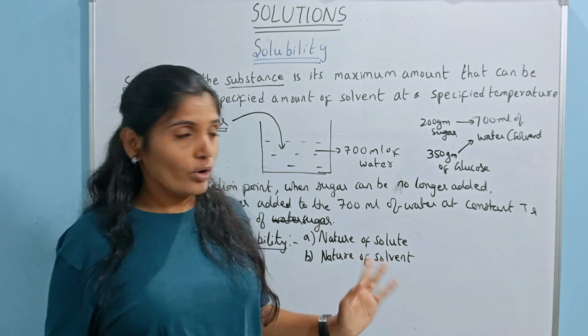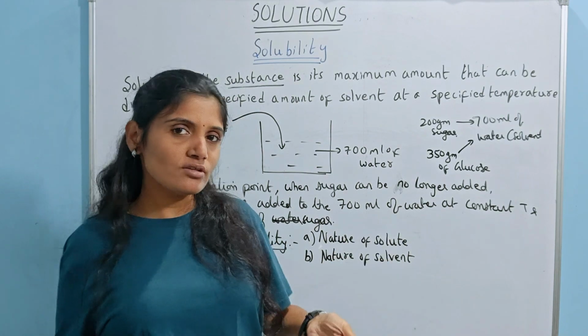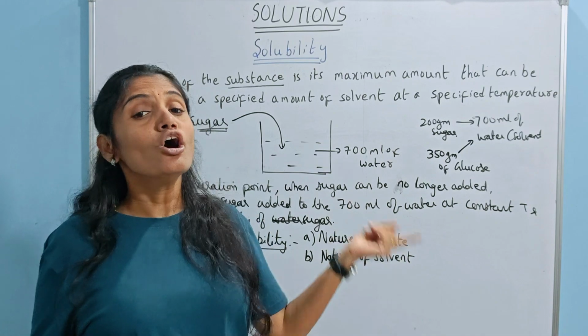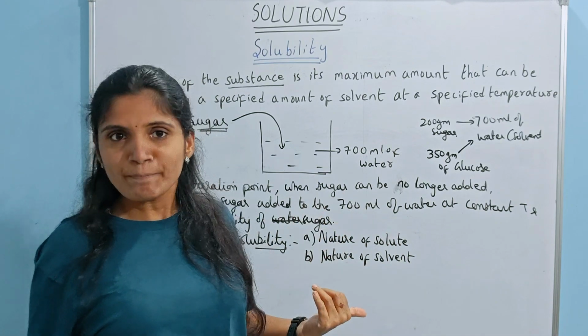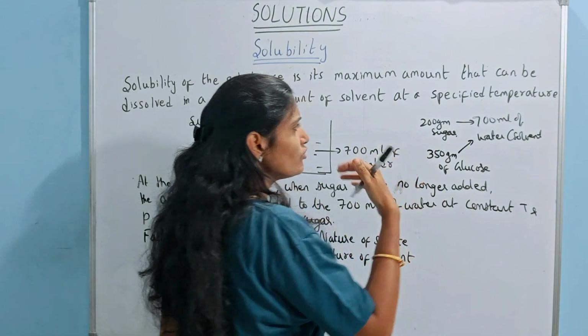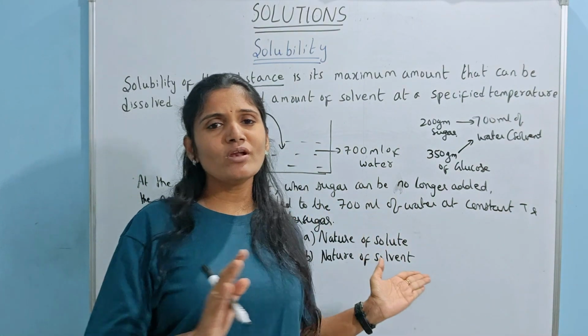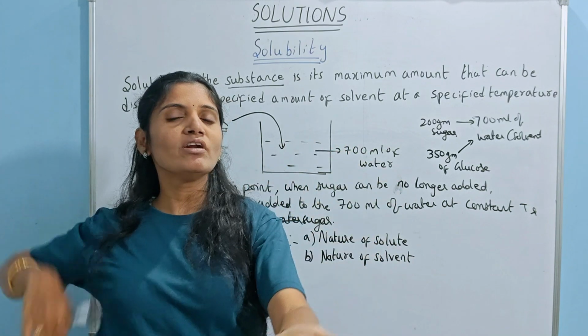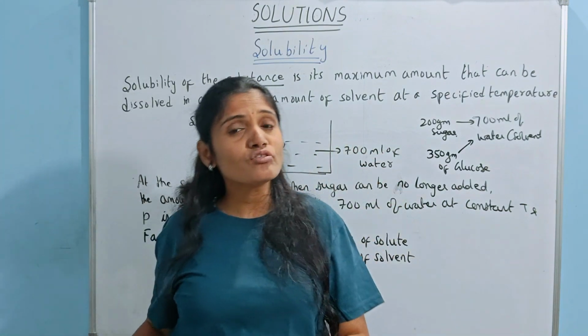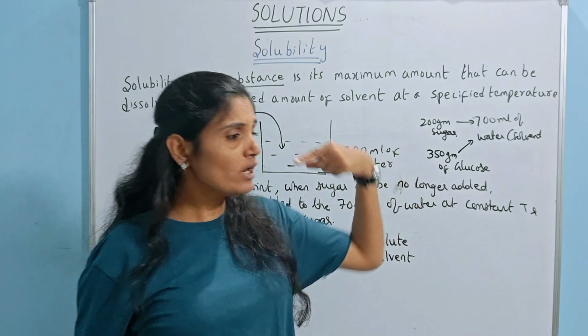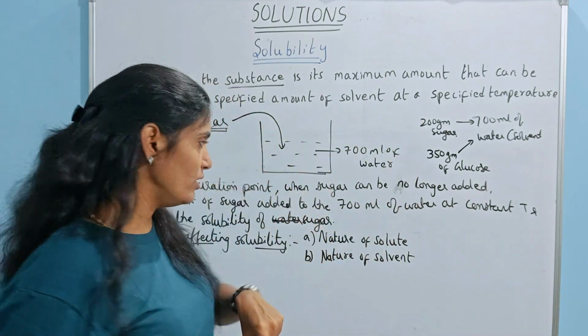We don't know. So if I change the solvent, definitely the solubility of the solute will change. The same sugar, the solubility of that sugar will differ in water and it will differ in ethanol.